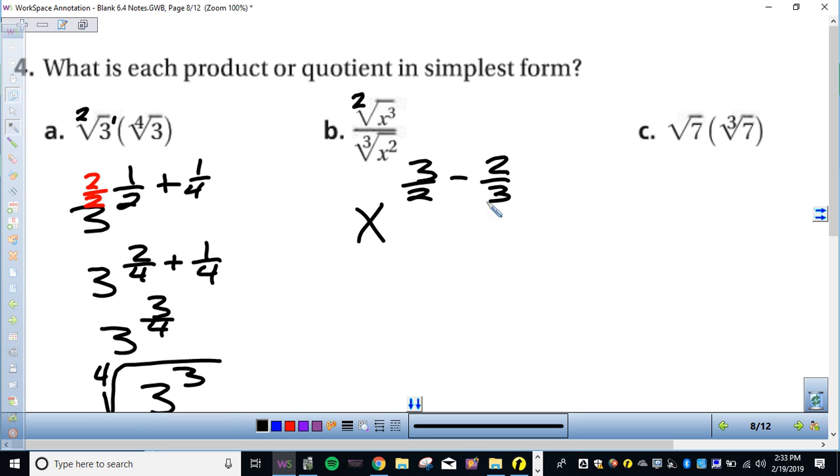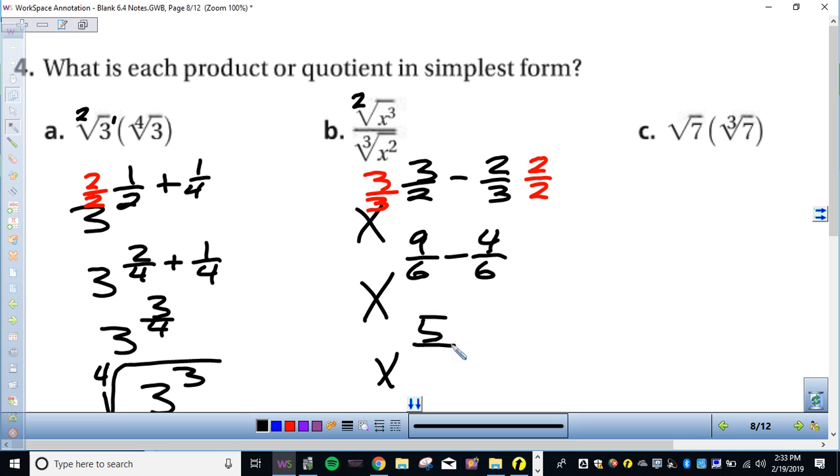So now to get a common denominator, you got to multiply the first fraction by 3 over 3, the second fraction by 2 over 2. Right, then we have common denominator of 6. So 9/6 minus 4/6, which equals x to the 5/6 power.